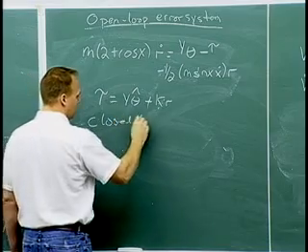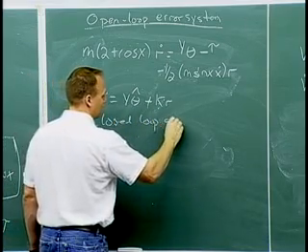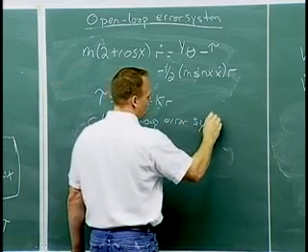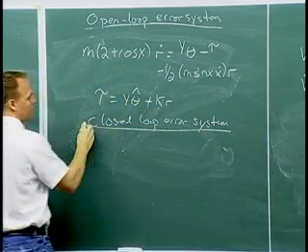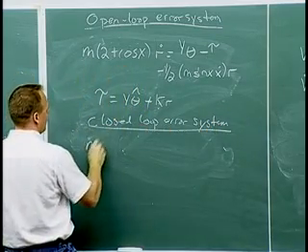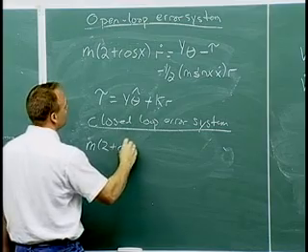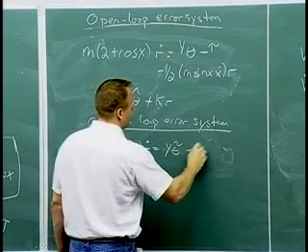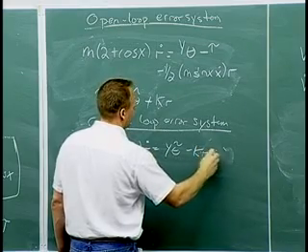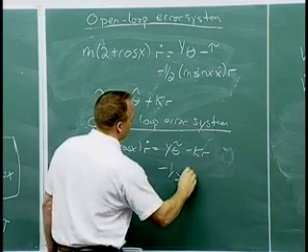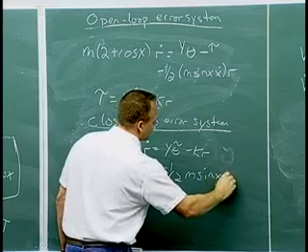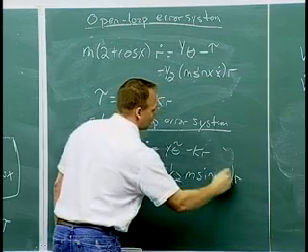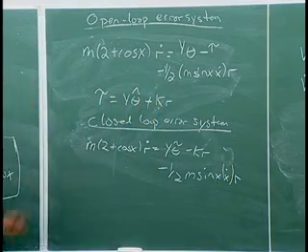So now my closed loop error system can be written as m times 2 plus cosine x r dot equals y theta tilde minus kr minus 1/2 m sine x dot r.